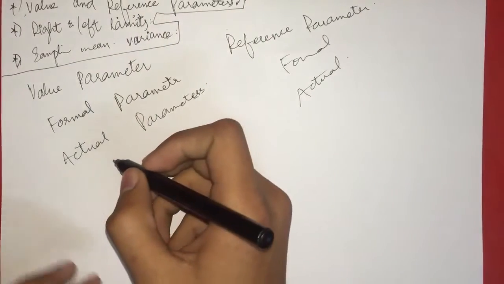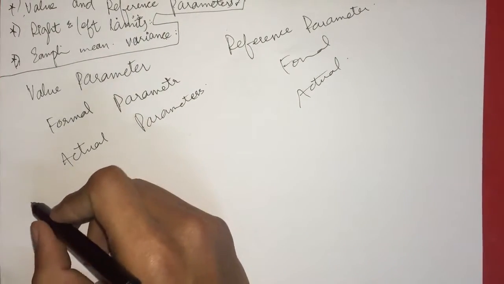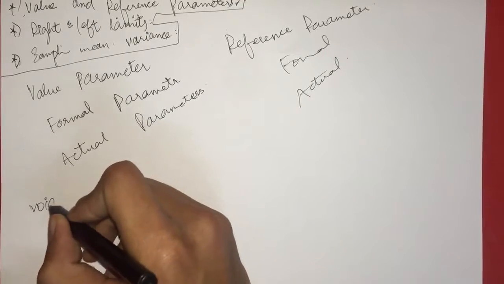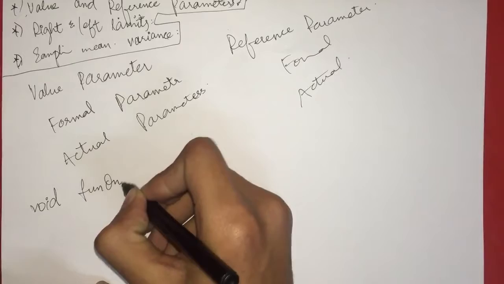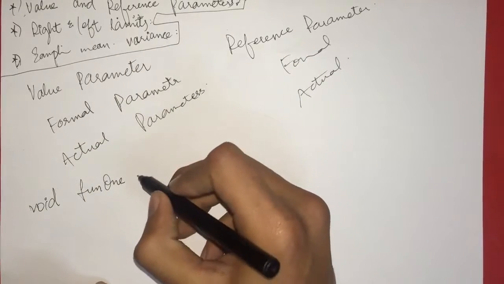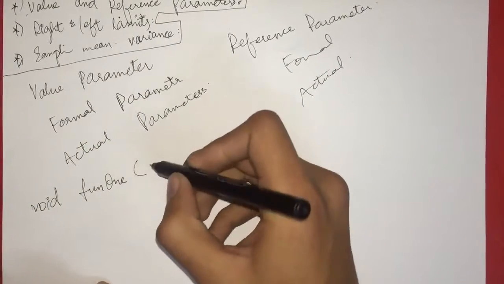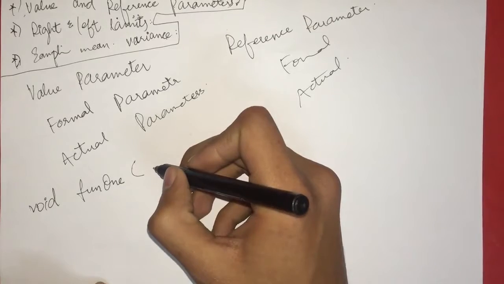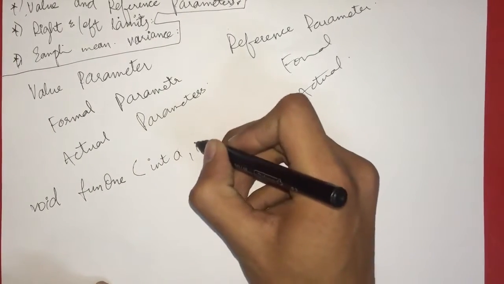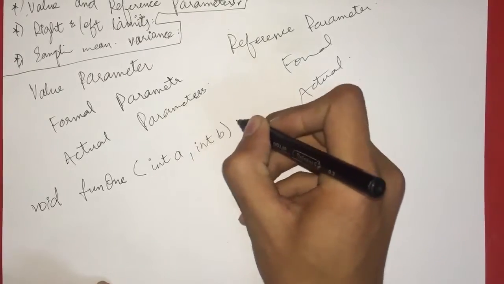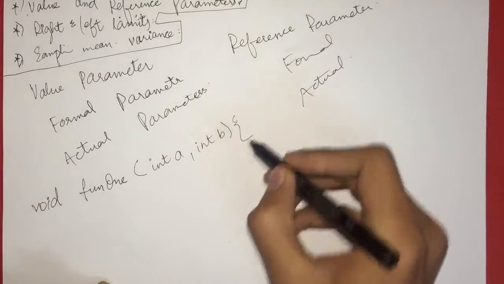So for example, I declare void, a non-value returning function. I say that this is fun1, and here I declare int a and int b, and then there's a function body here.